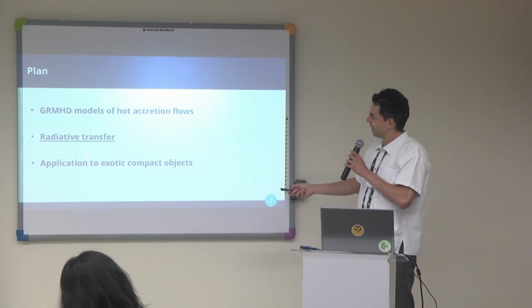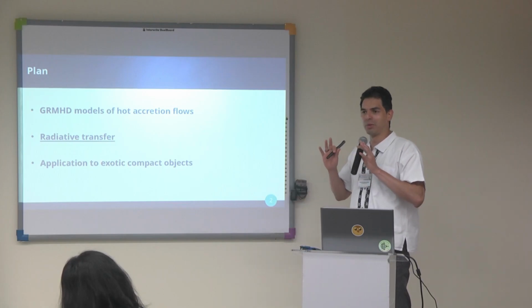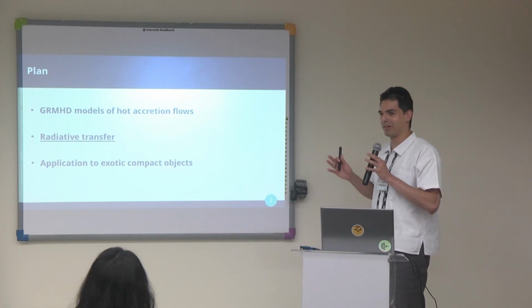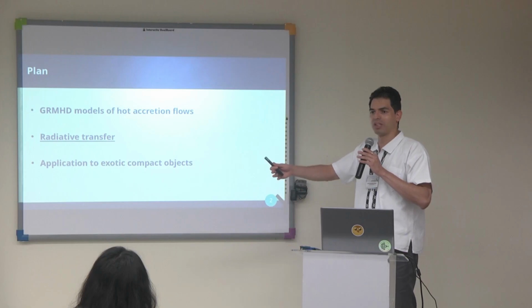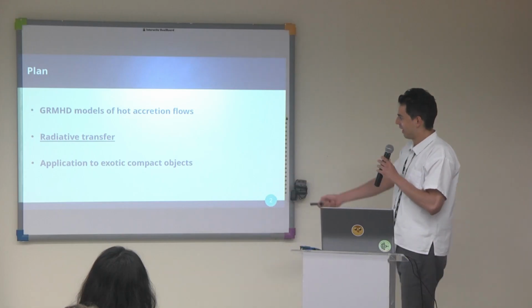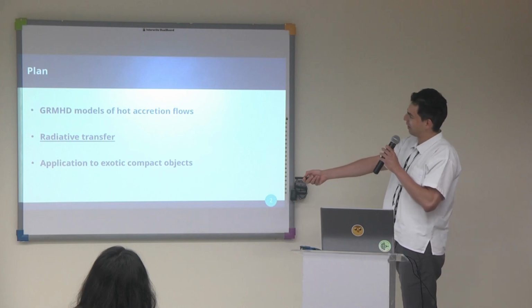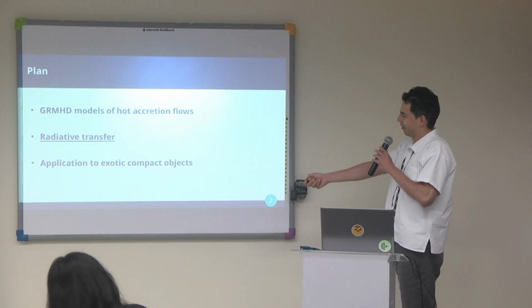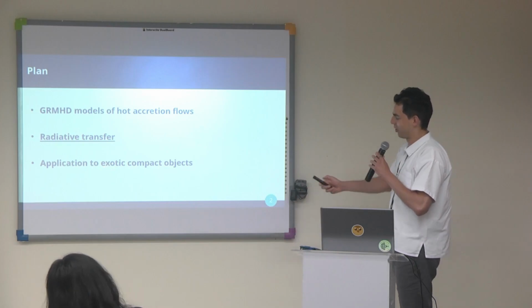This will be for today. I will try to be more brief in this theoretical revision and give a bit more time for the practical part of the session. And finally, tomorrow we will see this applied to the goal of imaging exotic compact objects.